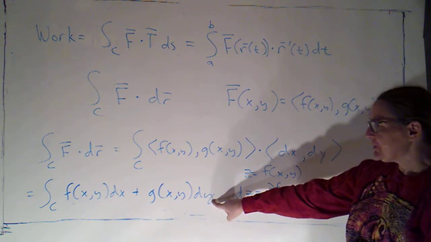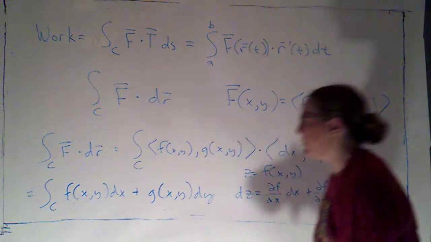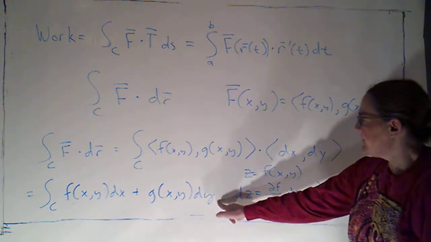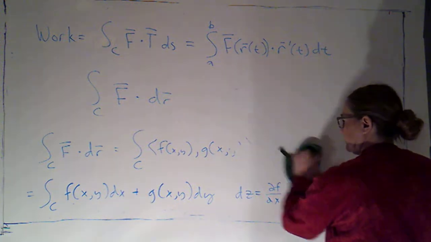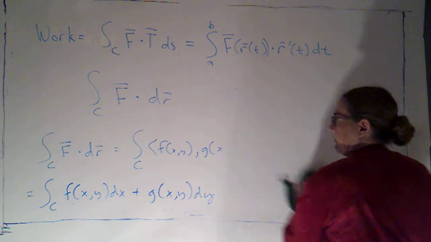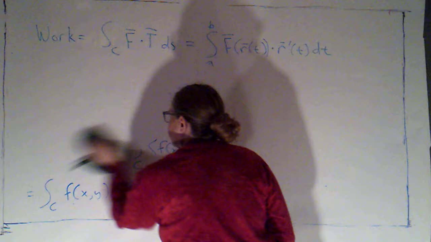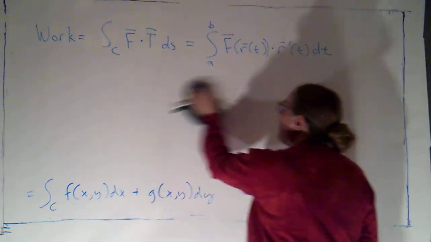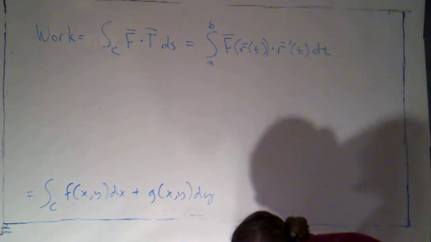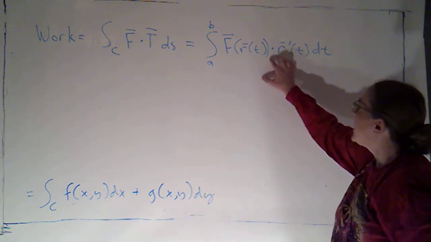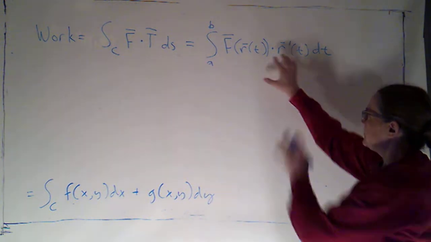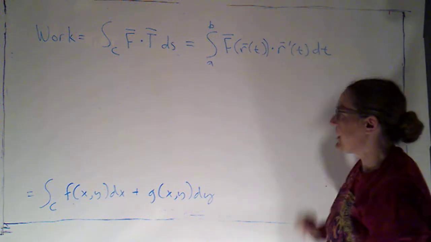I do want to explore this notation just a little bit more, because we've essentially got this thing, which doesn't really tell me how I would integrate it. So I'm going to keep this up here, but work out how I would actually evaluate it.